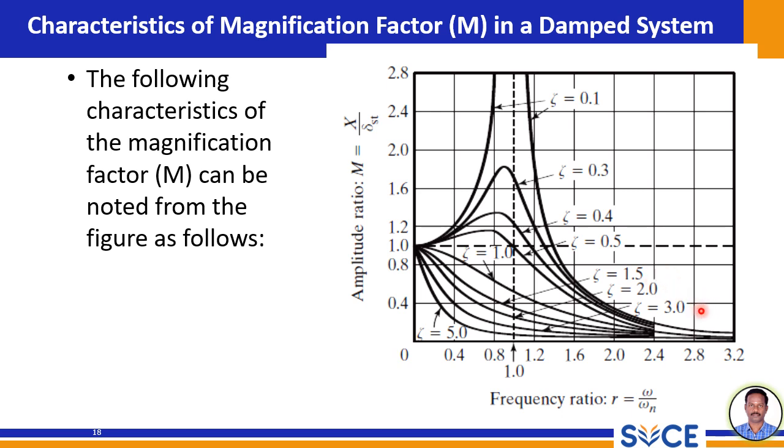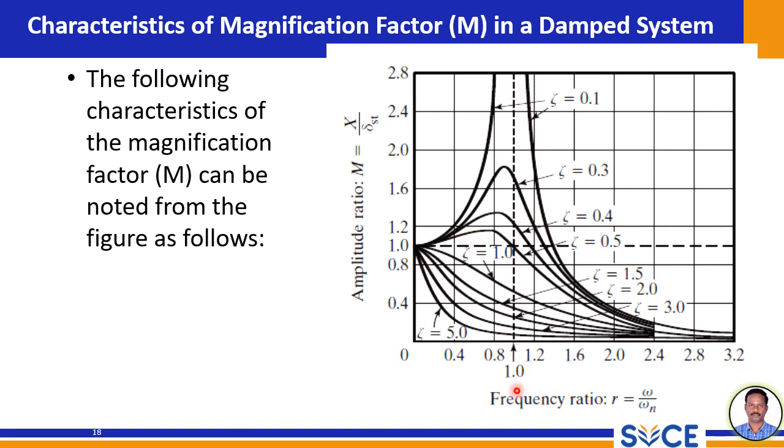For an overdamped system, the magnification factor decreases monotonically with increasing frequency ratio. There is no resonance peak. The peak amplitude of the magnification factor decreases as the damping ratio increases. This means that higher damping reduces amplification of vibration even at resonance.